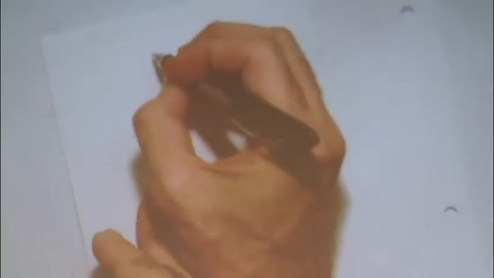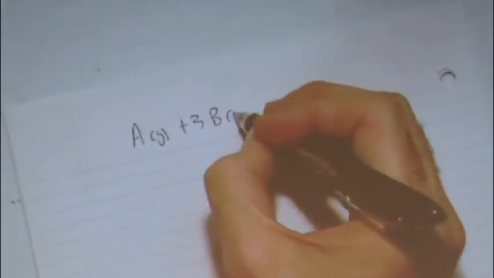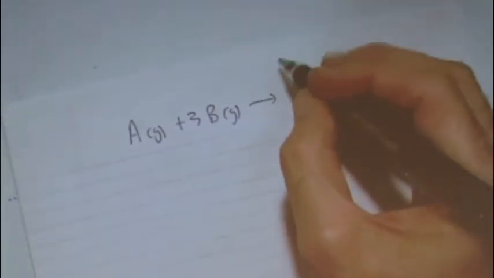Okay, let's say that we have this chemical equation: A gas plus 3 B gas gives you C gas. Okay? A and B gas react in this ratio, 1 to 3, to give you C gas.